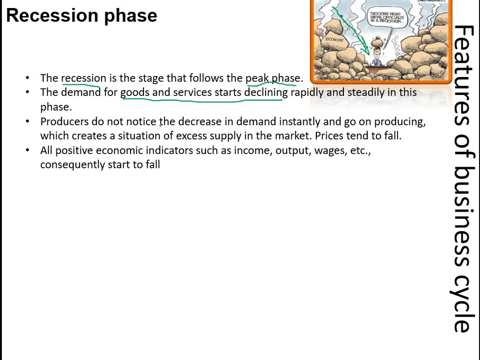Producers do not notice. They don't notice that people are no longer buying. They only notice when it's too late, when they've made a loss. Now, once they produce those goods, it will create an excess supply in the market.